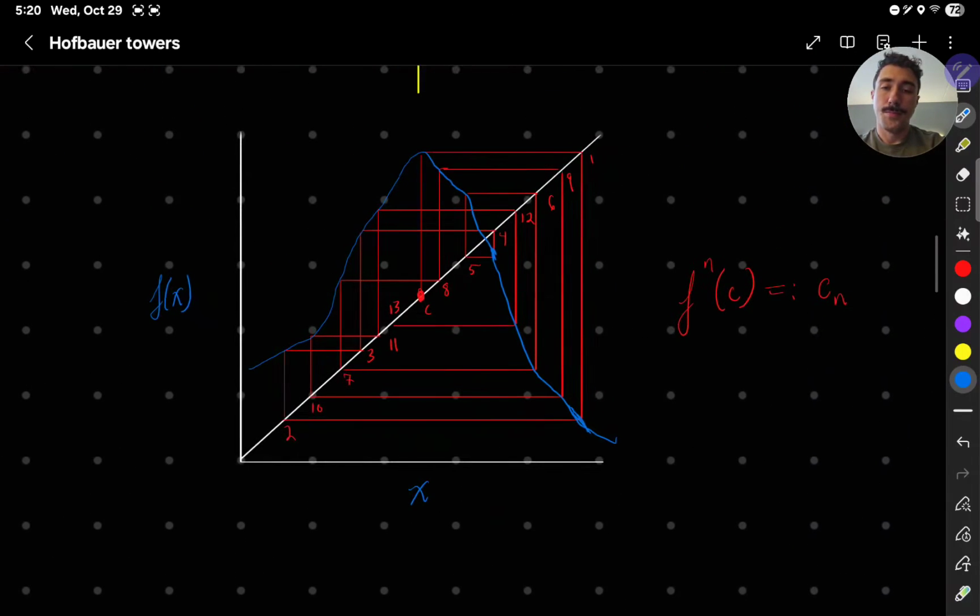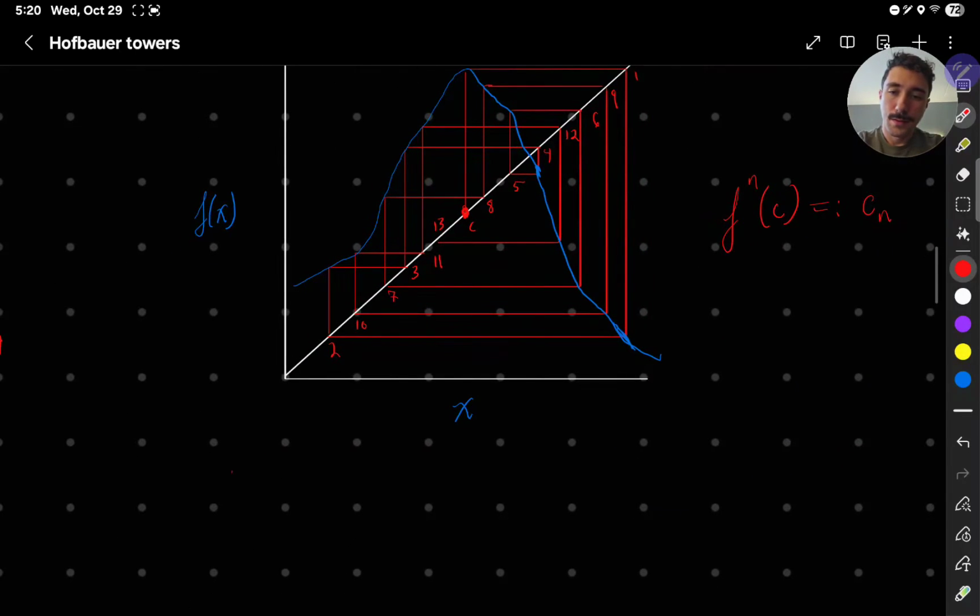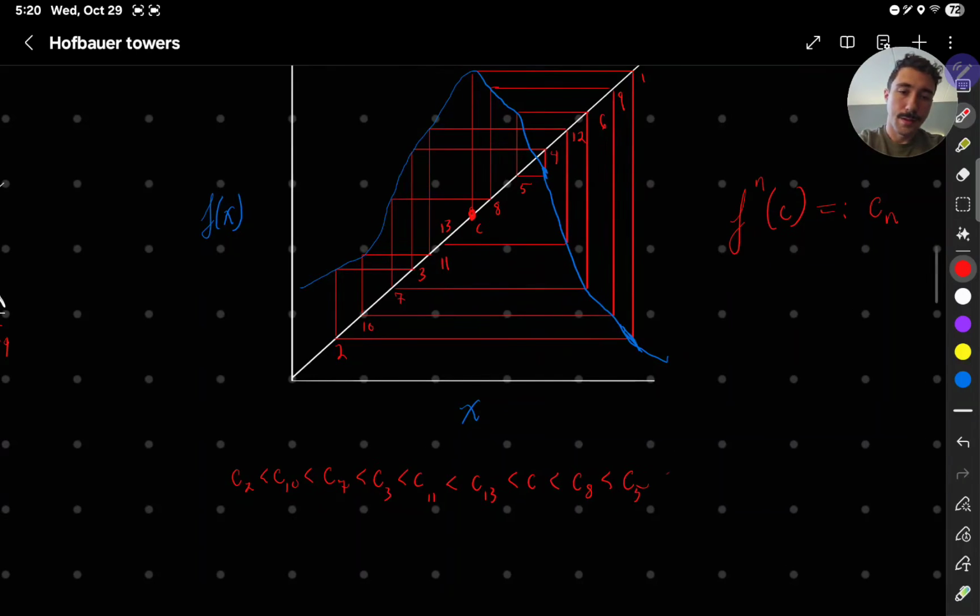So the idea is this. Write down the order of the points. C2 comes first, C10 next, C7 next, C3, C11, C13, C8, C5, C4, C12, C6, C9, and then C1 at the end.